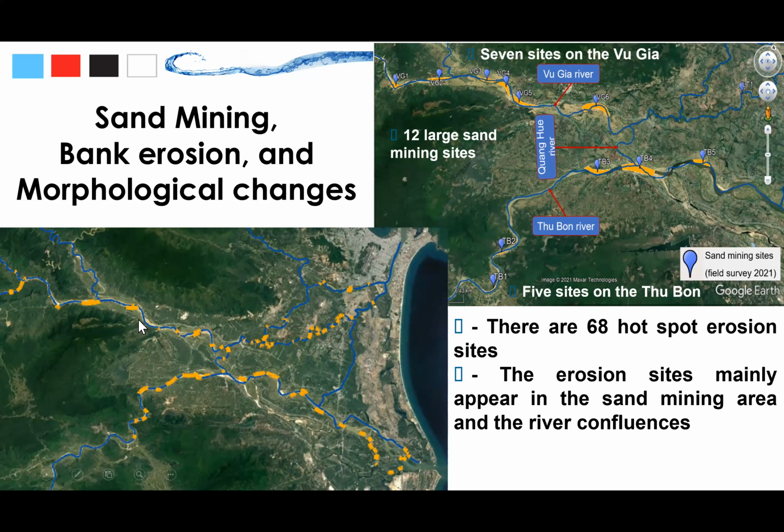All of this red and yellow area is high sand mining location as well. And there is some linkage between sand mining and bank erosion location.